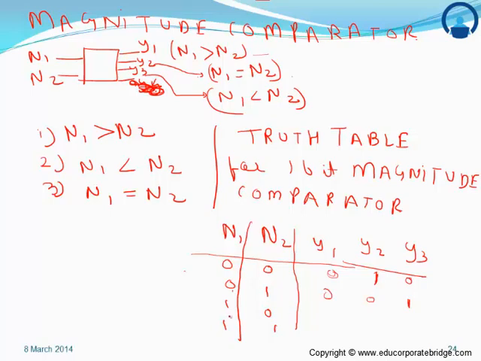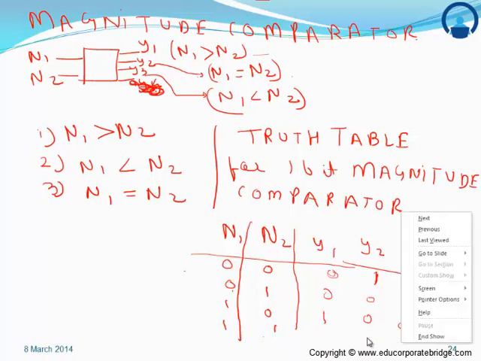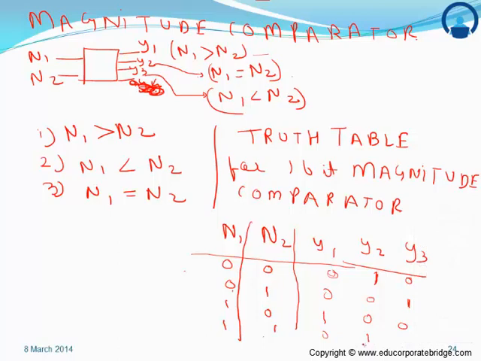Now the third is n1 1, n2 0, that is n1 is greater than n2. Therefore y1 is high and the rest are low. And the last, n1 is equal to n2 again, therefore y2 will be high as both are equal, and the rest will be 0. So this is the truth table for the 1-bit magnitude comparator.